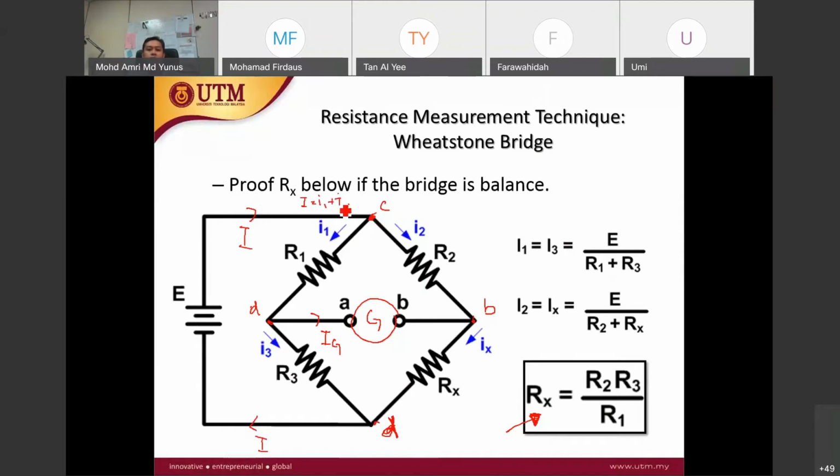At point D, we can write that I1 is equal to I3 plus Ig. At point B, we can write I2 is equal to Ig plus Ix.